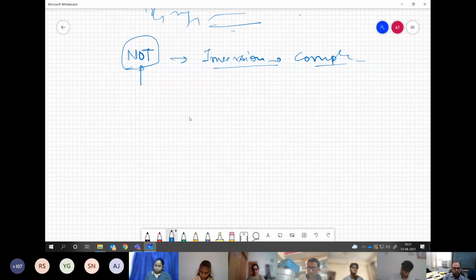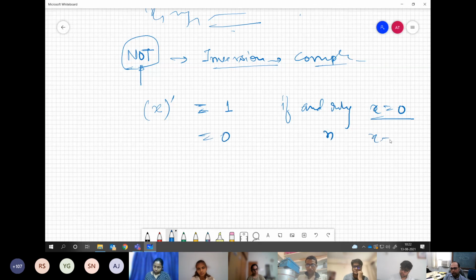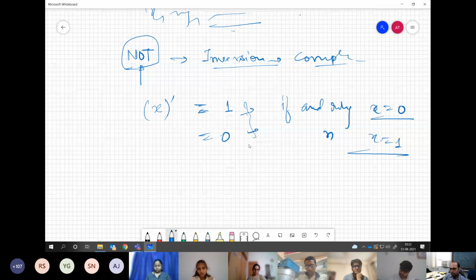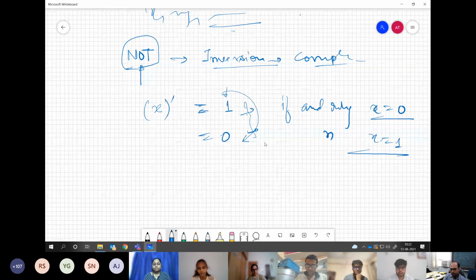So what it says is that if you take NOT of any number, then it is 1 if and only if x is 0, and it is 0 if and only if x is equal to 1. So only two possibilities are there, right? If you are at one possibility, after NOT you will change to the other possibility. It cannot have both the things together. The basic rule of our algebra.